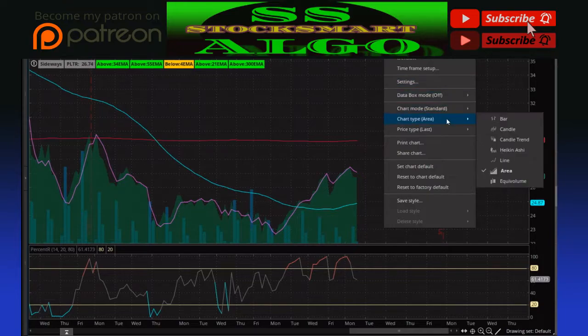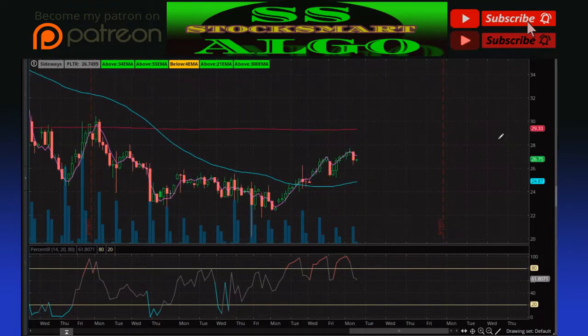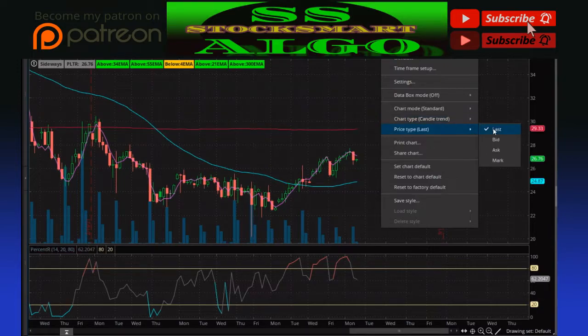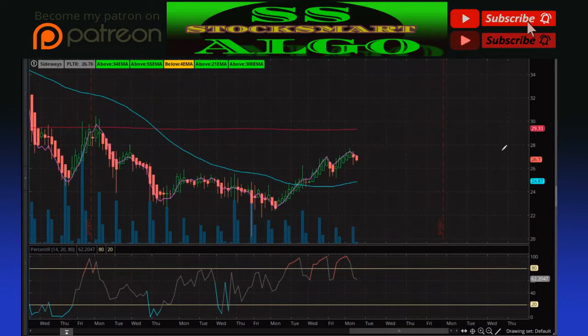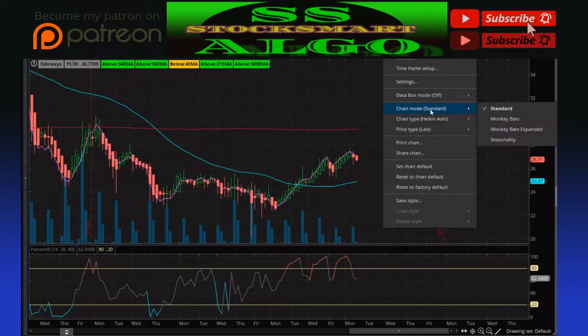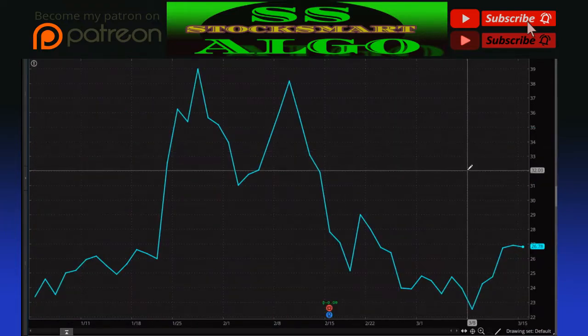Now, back to our candles. You can have a regular candle that's a candle trend, okay? But I prefer Heikin-Ashi. It shows a cleaner chart pattern, okay? And then for your chart mode, you can pick monkey bars expanded, or seasonality, which is a very interesting type of chart setting as well.